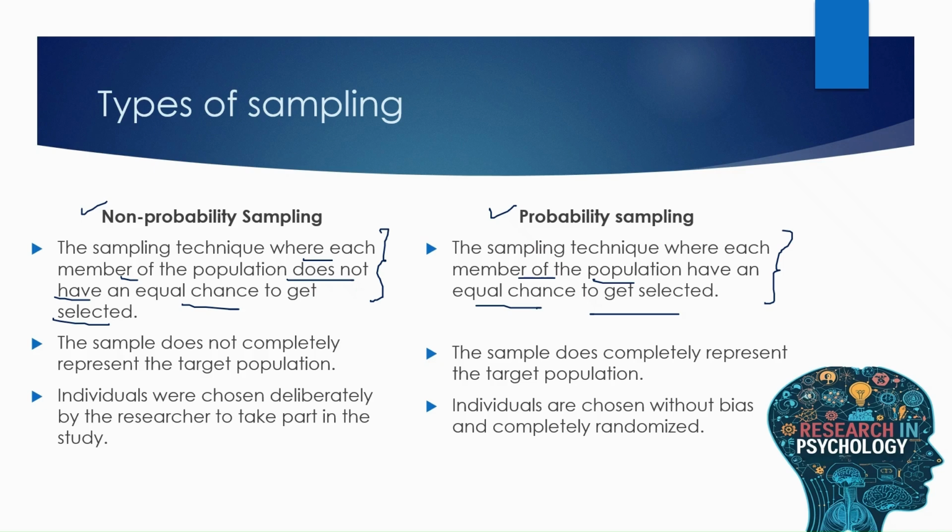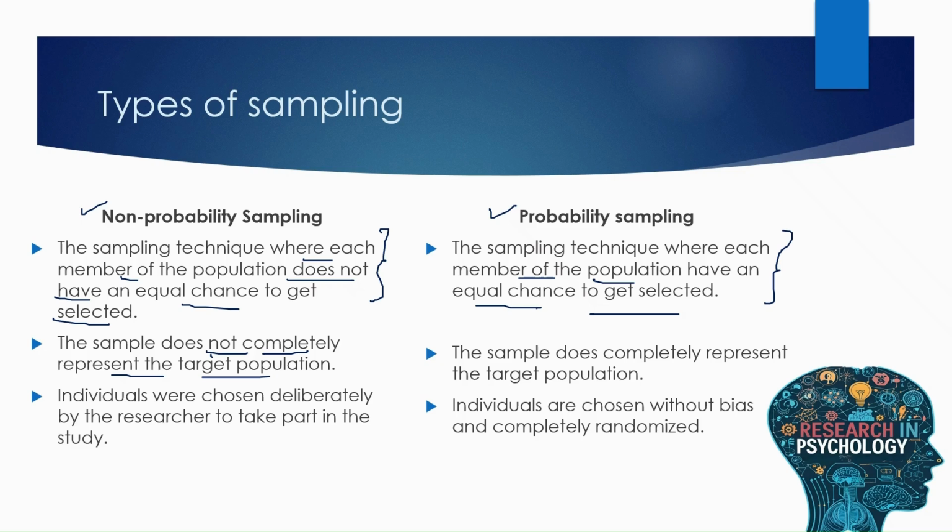Secondly, the sample does not completely represent the target population if we are using non-probability sampling. All right. So here what happens is that the researcher is using his own bias or a selective criteria to choose a sample, in which case it may not truly represent the target population, or it will not show all the characteristics of the population.